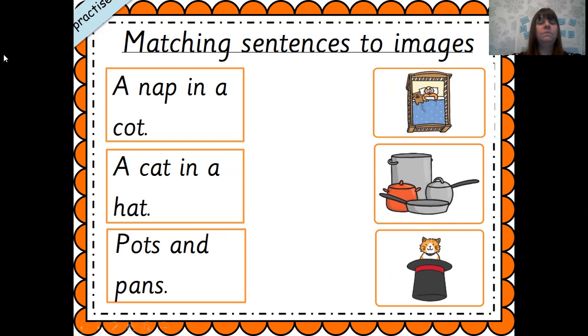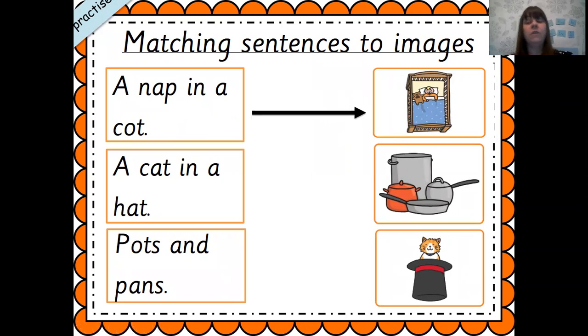Let's have a look. So A, nap, in, a nap in, we know that one. A nap in a cot. Ooh, which one's got a nap in a cot? It's got to be this one, hasn't it? Yes.